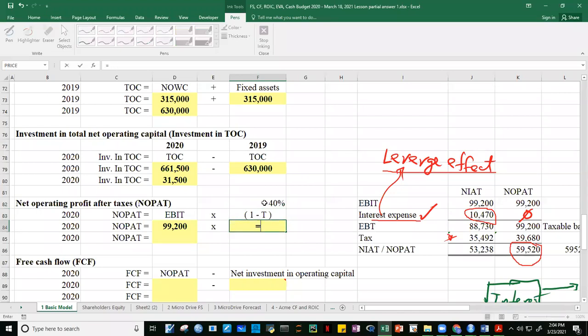And then it's 1 minus your tax rate. So from the EBIT, you just get 60%, or the net of the tax rate. Multiply this, and you get 59,520, which is the same.